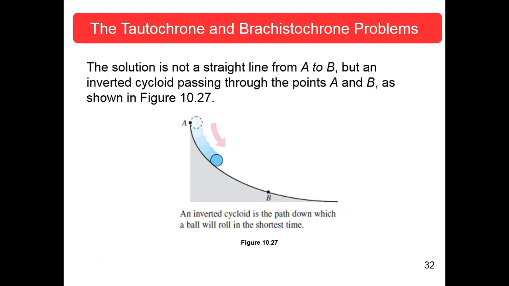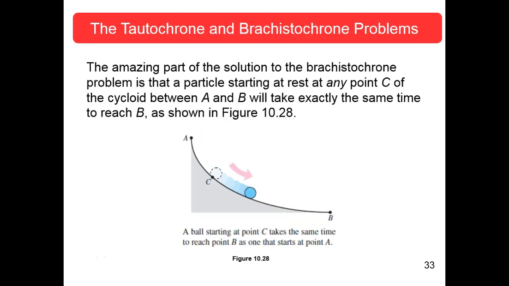And now he did it along an inverted cycloid again, passing through A to B. The inverted cycloid is the path down which the ball will roll in shortest time. If you had a perfectly circular arc, it'll take a little longer if you go between the same two points. Any other shape, the shortest time will be this brachistochrome, which is the inverted cycloid.